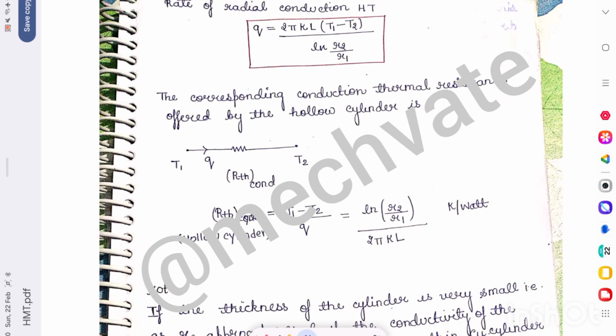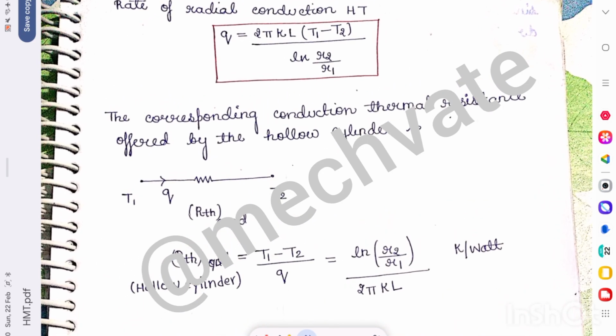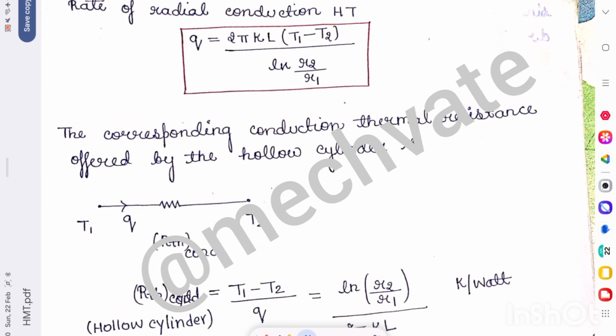The final equation of the rate of radial heat conduction comes out as Q equal to 2 pi K L (T1 minus T2) divided by ln R2 by R1, where R2 is the greater radius, the outer one, and R1 the inner.